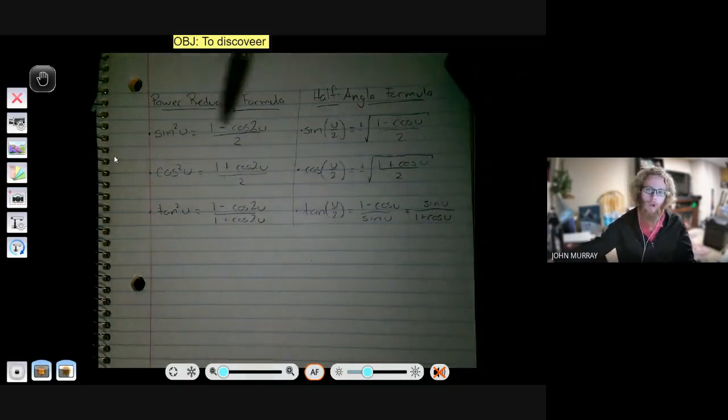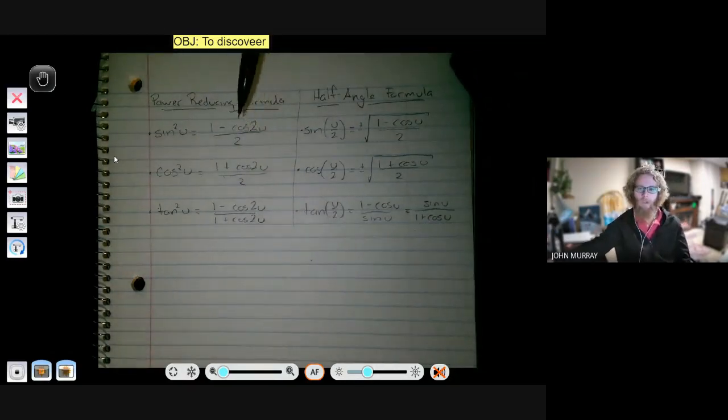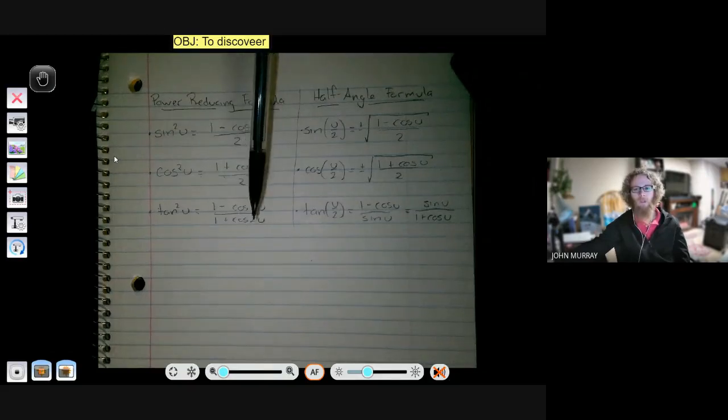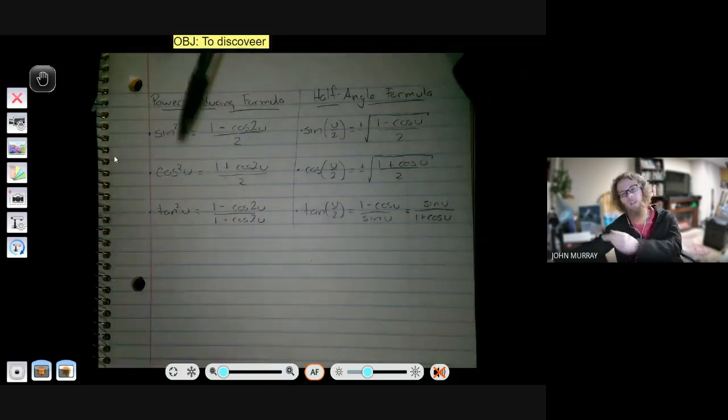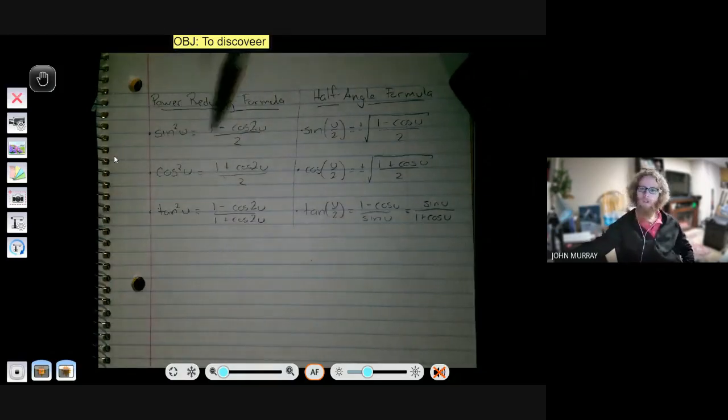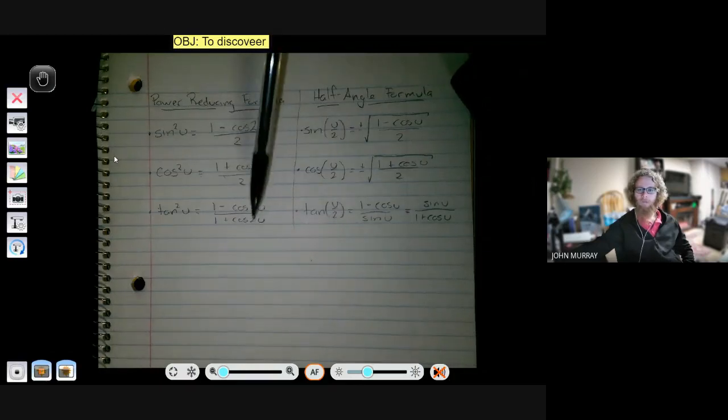Now notice for this, we all reduce them to cosine of 2u. So with this, I'm not a huge fan of these because we're going from a trig function with a power to a double angle, which means we might have to go back and then use the rules that we just learned.